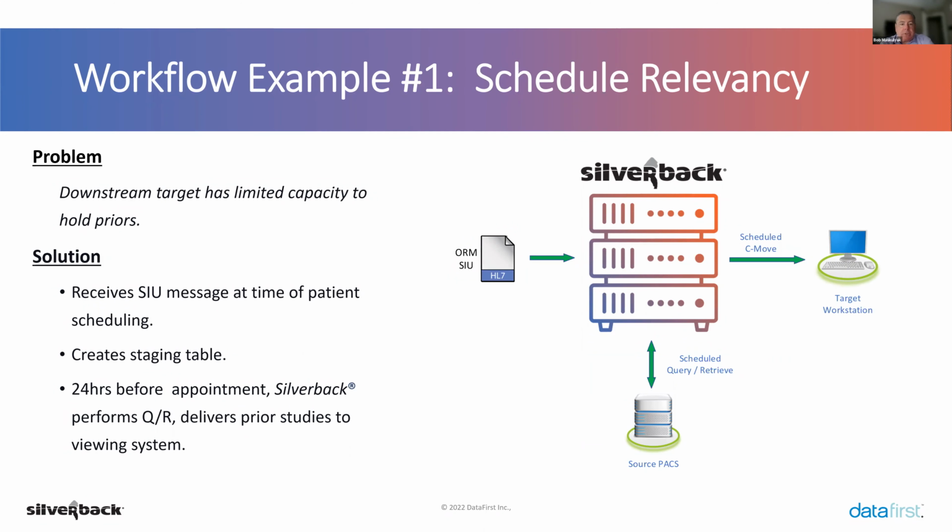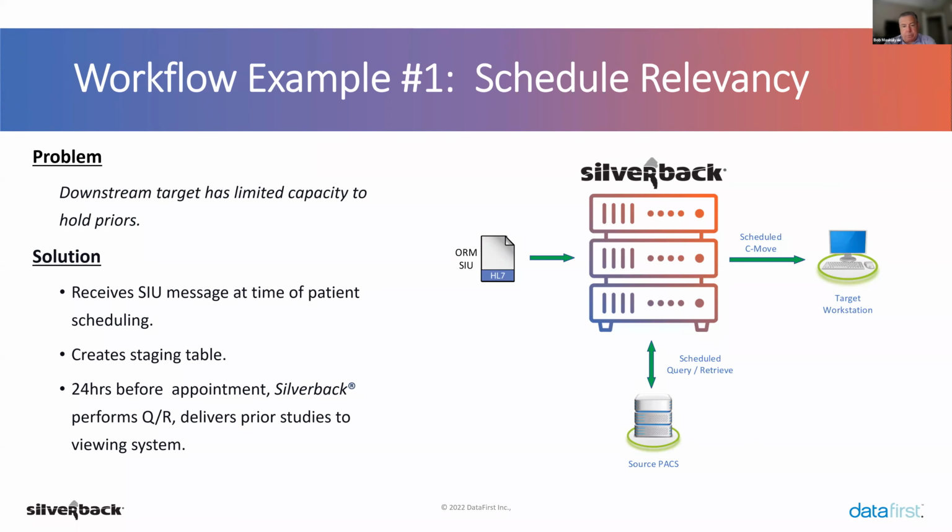At this point, we're going to talk a little bit about some workflow examples that we've seen. In this particular case, the problem that we were asked to solve is we have some downstream viewing solutions that had some limited capacity.